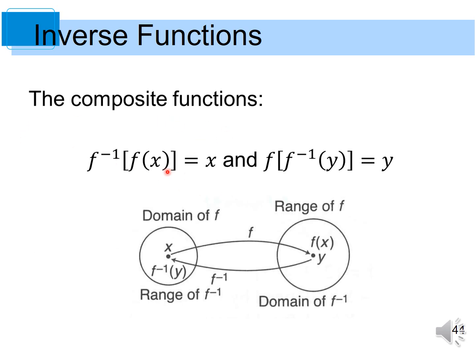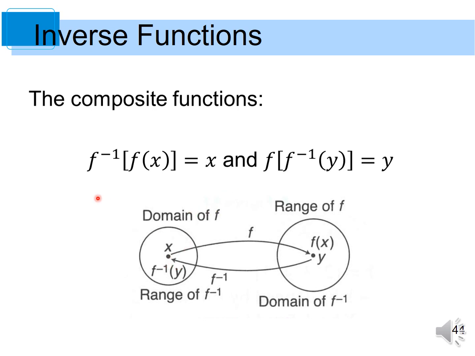So now look at these two composite functions involving the inverse function. The inverse function of f(x) equal to x, and the composite function of f with the inverse function of y is equal to y.